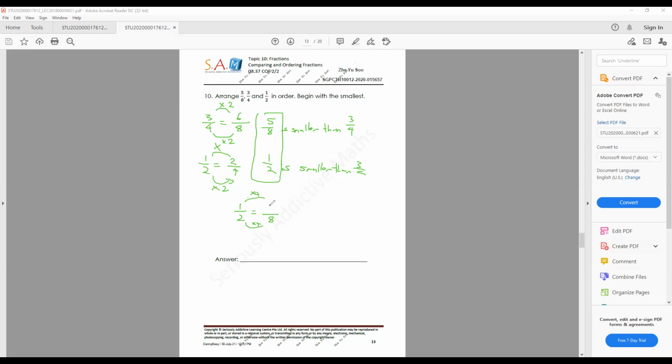We get 4 out of 8. So 4 out of 8 and 5 out of 8, which is smaller? That's right, 4 out of 8 is smaller. So what's the conclusion? Half is the smallest, followed by 5 out of 8, followed by 3/4.